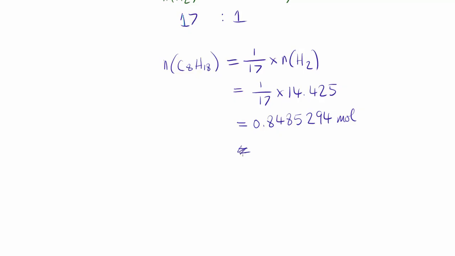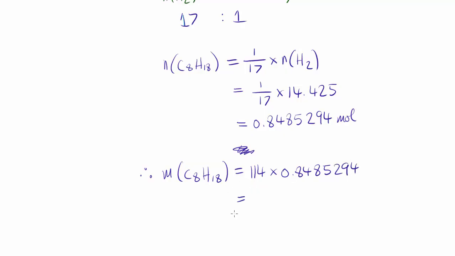So what we can say now is, therefore, the mass of C₈H₁₈ in this particular case is going to be 114 multiplied by the moles we figured out, 0.8485294.